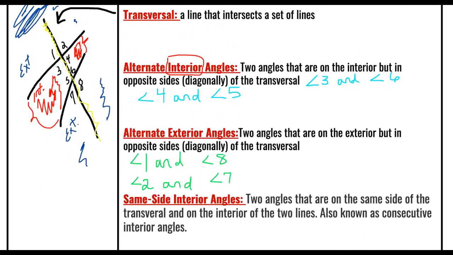For same side interior, they have to be on the same side of the transversal, same side of the yellow line. So 3 and 5 are both in the interior, but on the same side of the yellow line. And then also 4 and 6. So those are your pairs, 3 and 5, and then also 4 and 6.